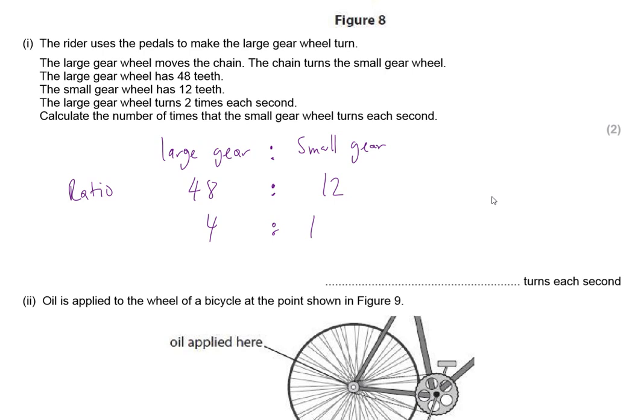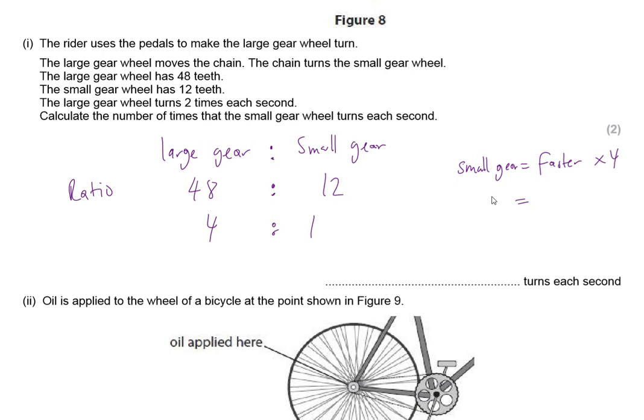So we know the question talks about the small gear. So we know that the large one turns 2 times each second. Okay, so we know that the small gear is going to turn faster by 4 times.